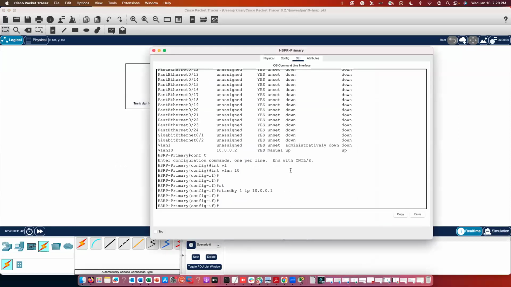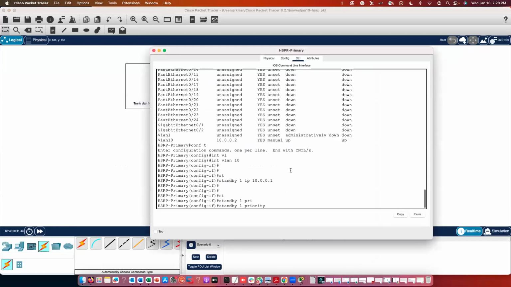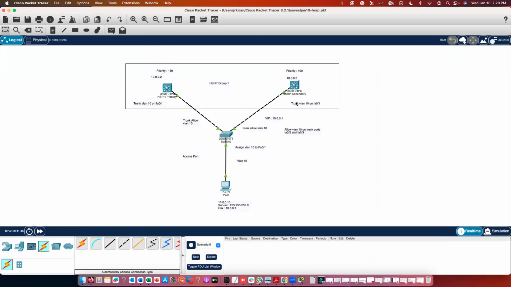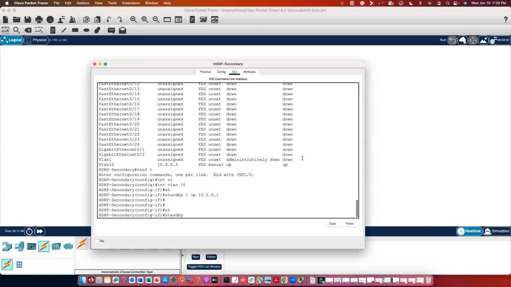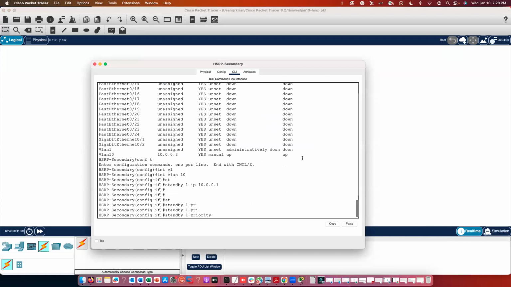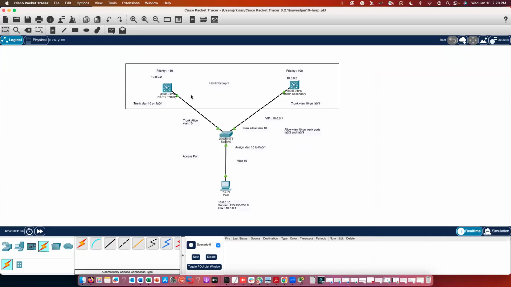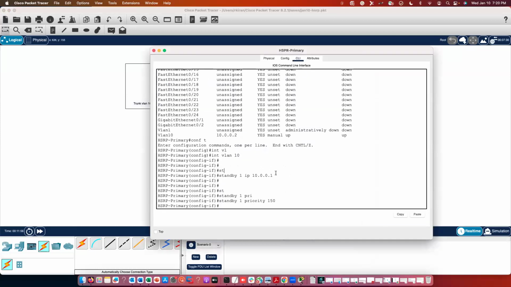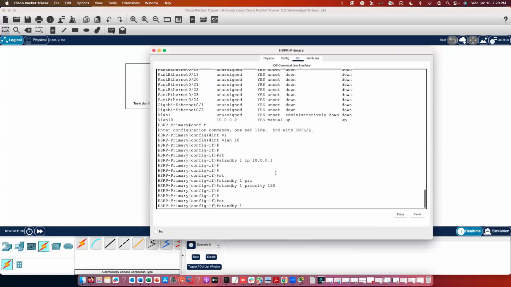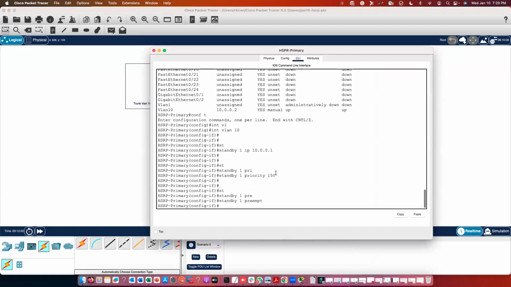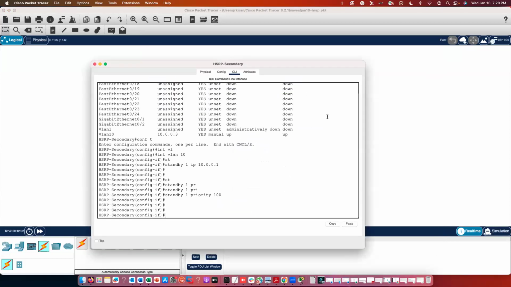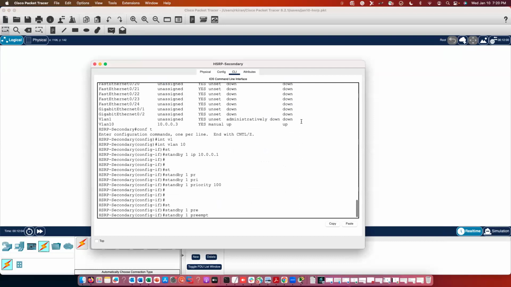So here standby 1 priority as 150. Here standby 1 priority as 100. Now we discussed the preempt yesterday, right? So we have to put standby 1 preempt on both.